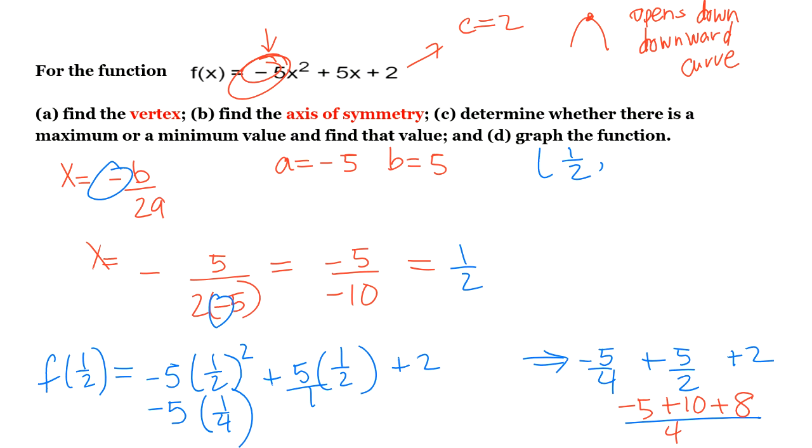So 13/4. So my vertex is 1/2 and 13/4. Now from my vertex, I can find my axis of symmetry.